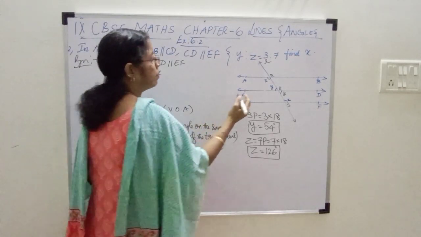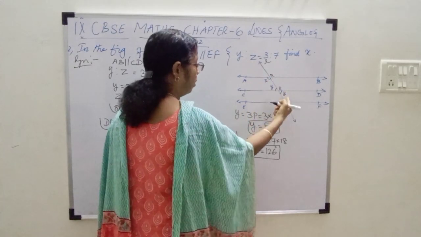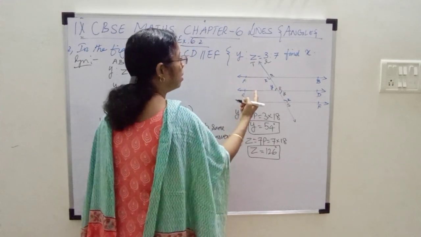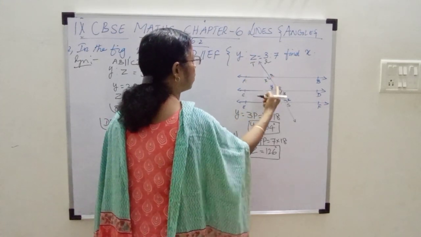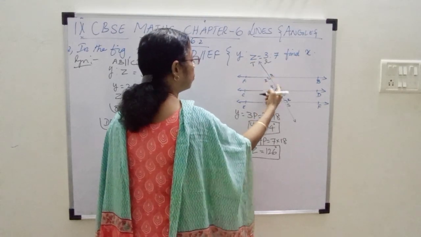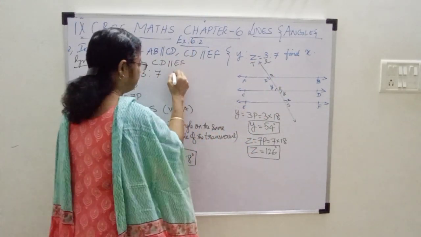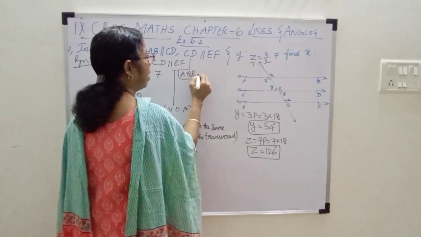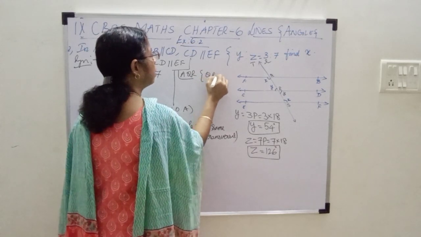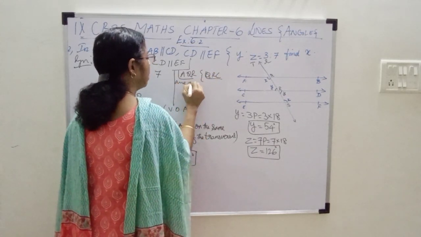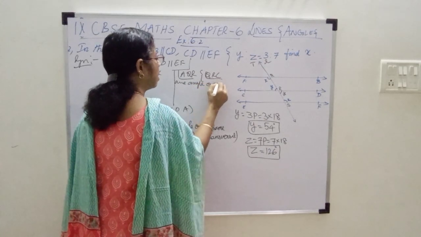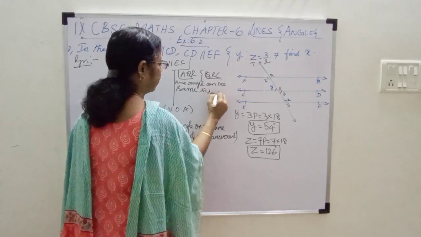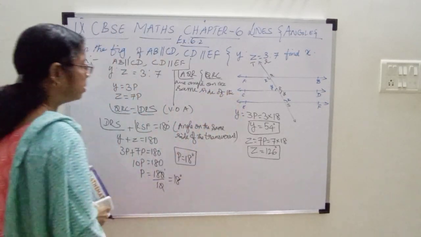Again, this is a line L. QRS, let's take this as T. Angle AQR and angle QRC are angles on the same side of the transversal.